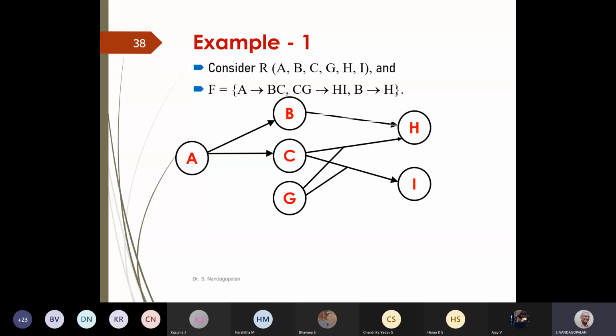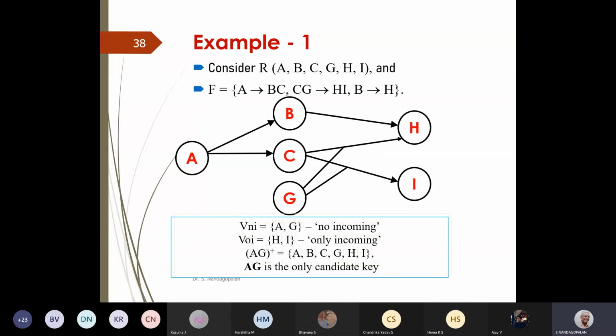And then collect all the groups VNI and VOI we have already seen, and whatever the attributes you have in VNI, no incoming, forms the candidate key. But in order to verify whether it is correct, we need to find whether it includes all the attributes of R, for which we need to find the attribute closure.